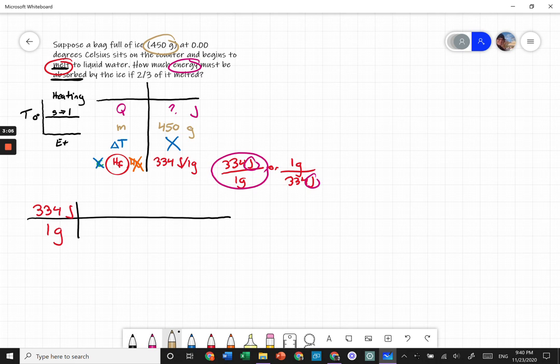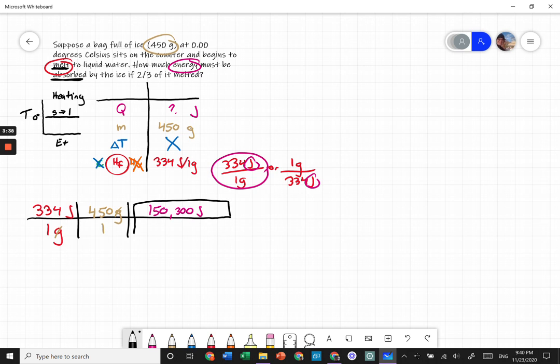And I actually have 450 grams. That's going to cancel out my grams, and when I multiply these together, I'm just going to have my units in joules. So 334 times 450 gives me 150,300 joules. That's the amount of energy required to completely melt 450 grams.